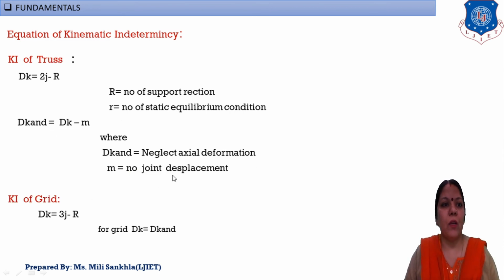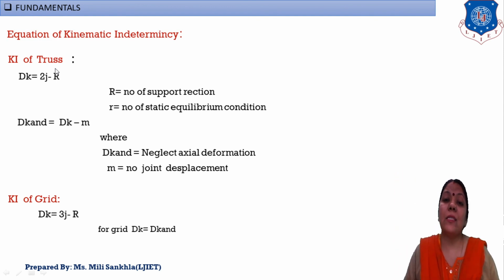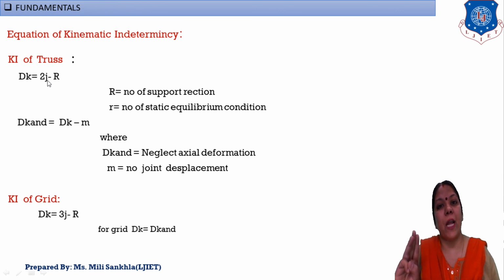Now third one, KI of truss. Here our equation changes because truss is subjected to two forces: axial horizontal and axial vertical. That means truss resists only two types of forces, horizontal and vertical. So here we write 2j, while beam and frame resist three types.